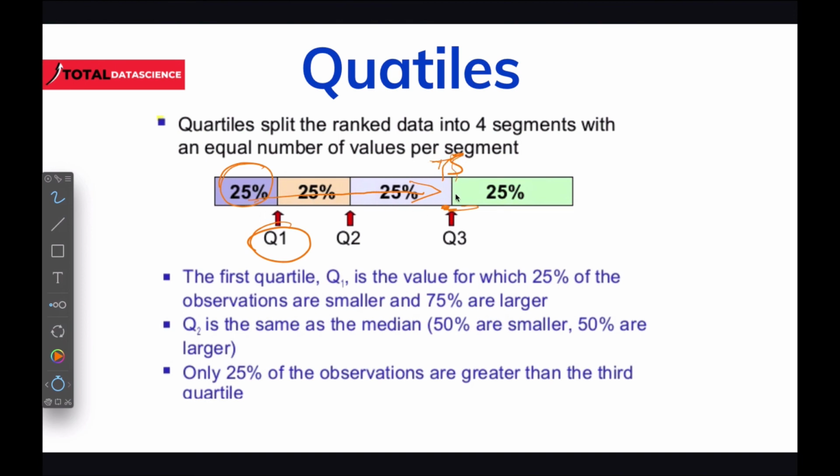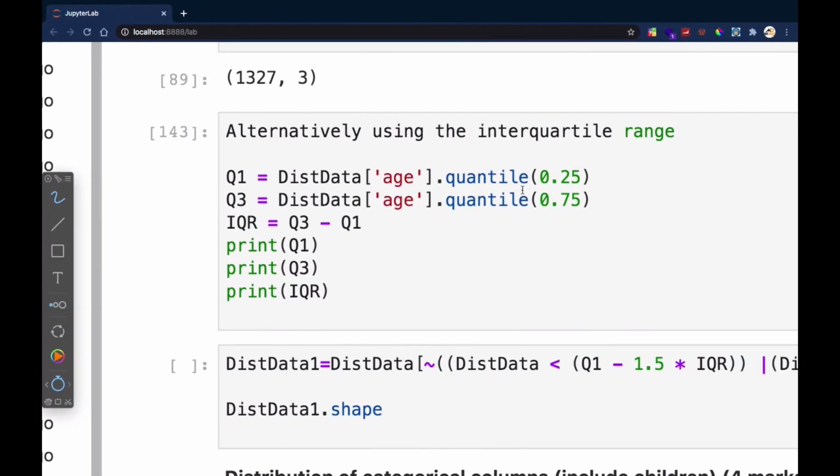That's the Q3. So for Q1 I'm using 25%, and for Q3 I'm using 75%, with the quartile function.